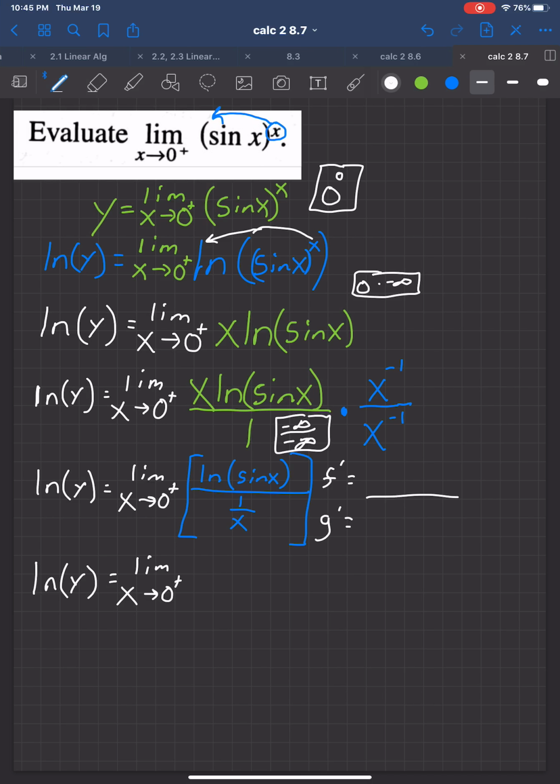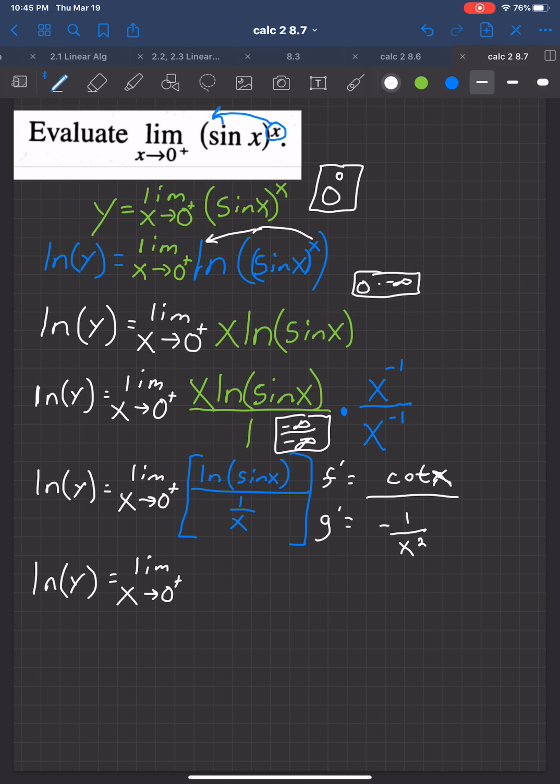Let's figure out what this looks like. I got to go through this a little bit quicker. The derivative of ln sine of x is going to give us cotangent of x, and the derivative of 1 over x is going to give us negative 1 over x squared.